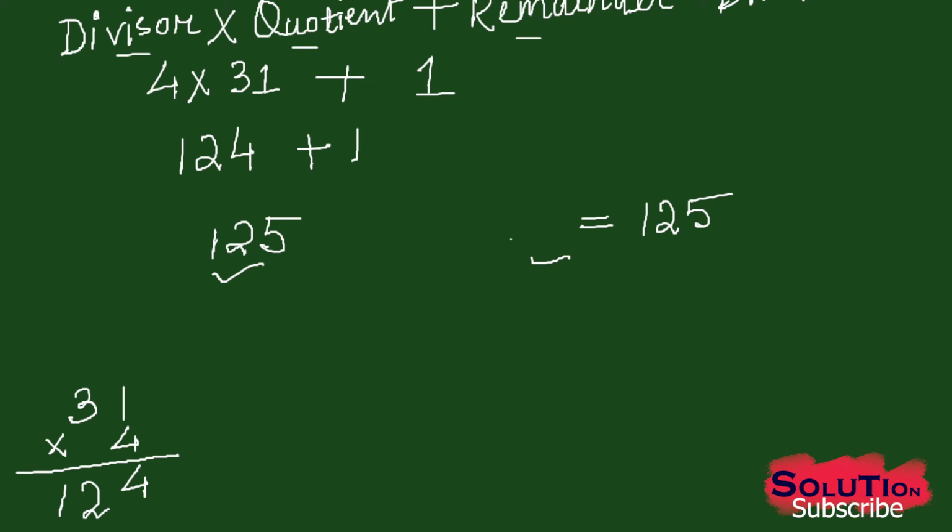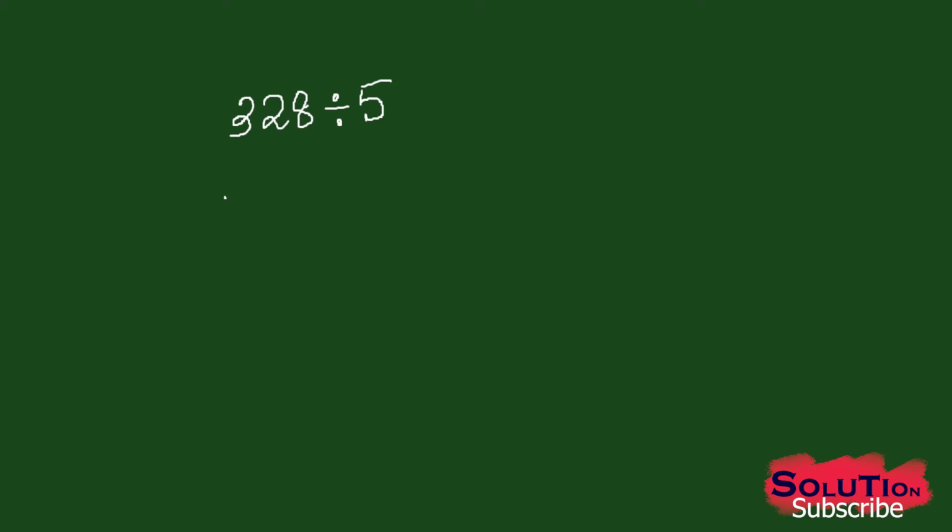Okay, let us check whether dividend equal to divisor into quotient plus remainder is the same for another example. This is another example. So let us divide this.